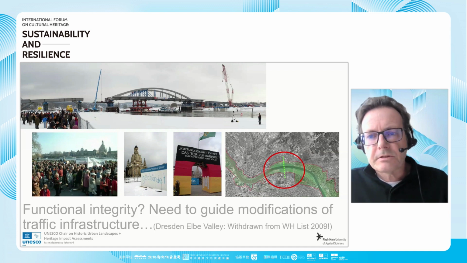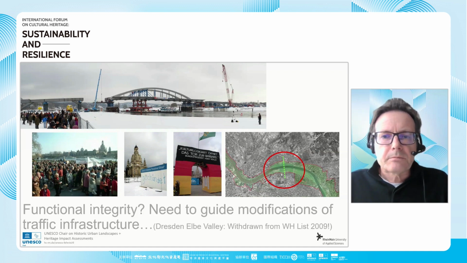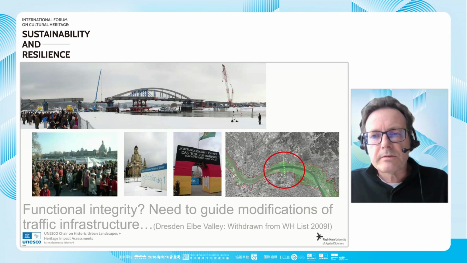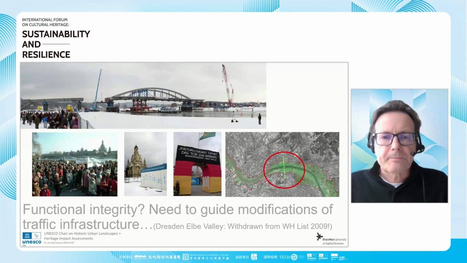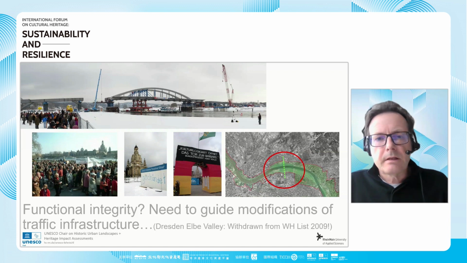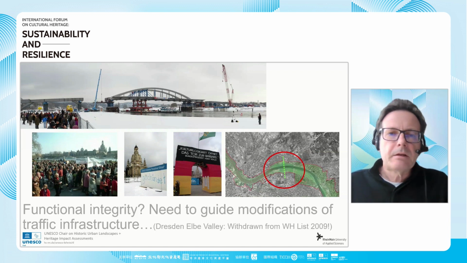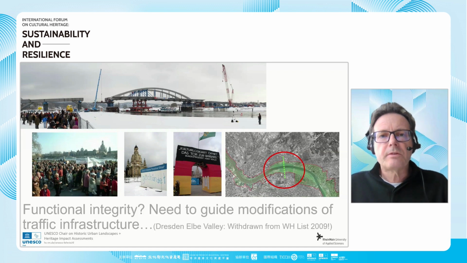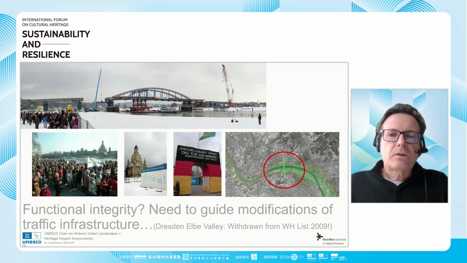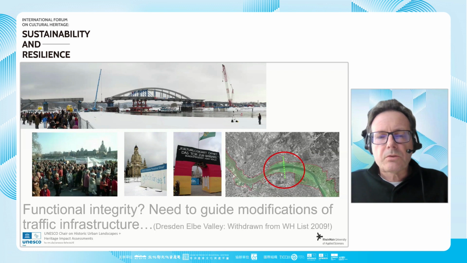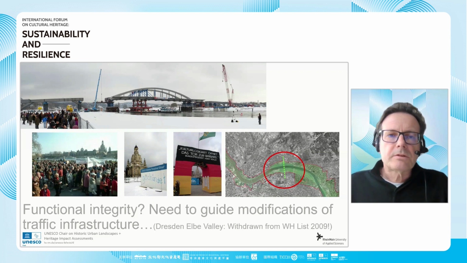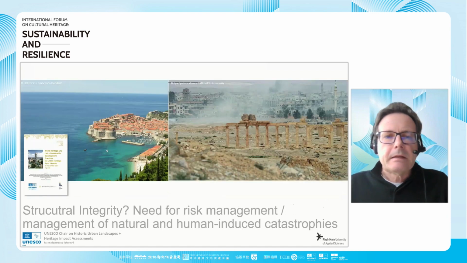We had a large discussion in Germany roughly 15 years ago about the construction of a bridge, which then led to the withdrawal of the World Heritage property of Dresden Elbe Valley from the World Heritage List in the year 2009. So we see also that urban and infrastructural developments can, of course, cause great conflicts in World Heritage properties.